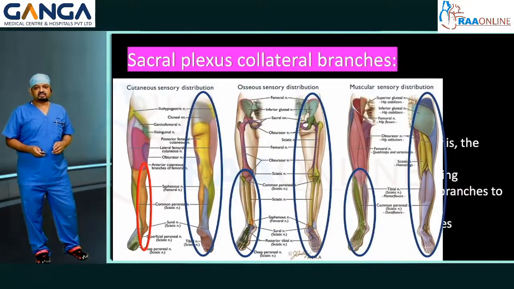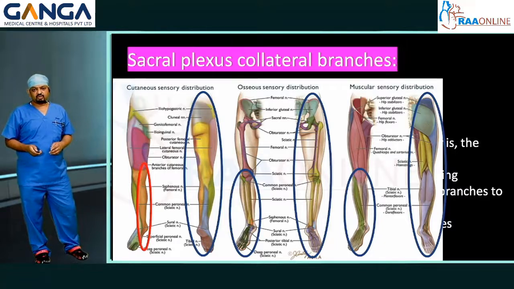If you see in this image, you will see the dermatome, osteotome and myotome. In the dermatome, the sacral plexus supplies the whole lower limb from the hip area to the posterior part of the thigh and below the knee, except on the medial side, which is supplied by the saphenous nerve.